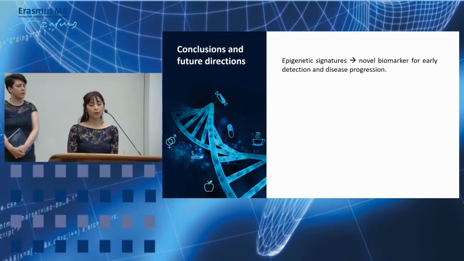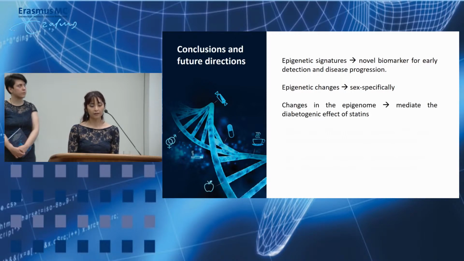Therefore, we concluded that epigenetic signatures can be used as a novel biomarker for early detection and progression of type 2 diabetes. We also concluded that the epigenetic changes can occur sex-specifically. We found also that changes in our epigenome could mediate the diabetogenic effect observed for statins.